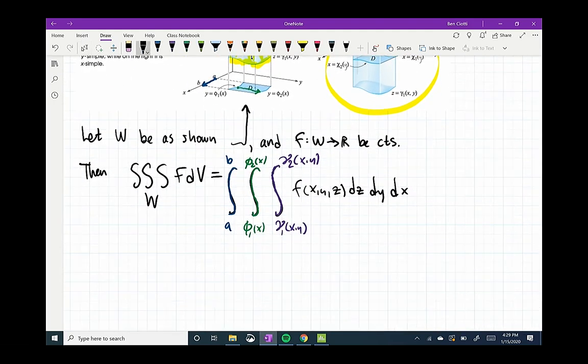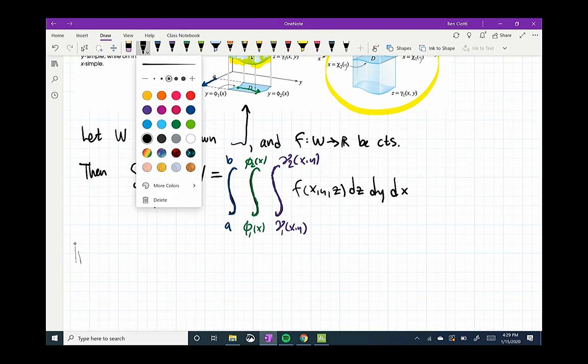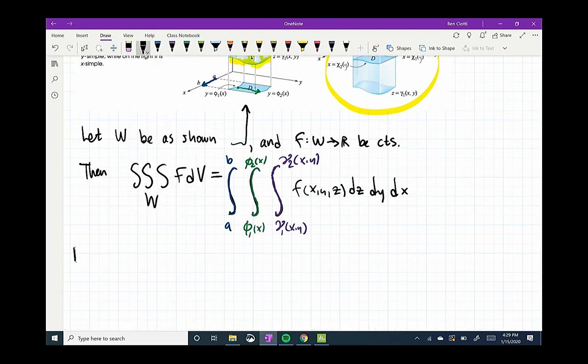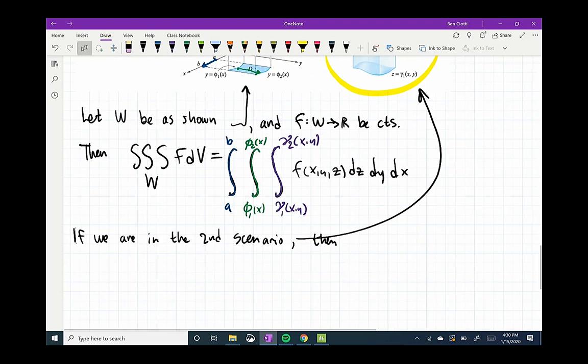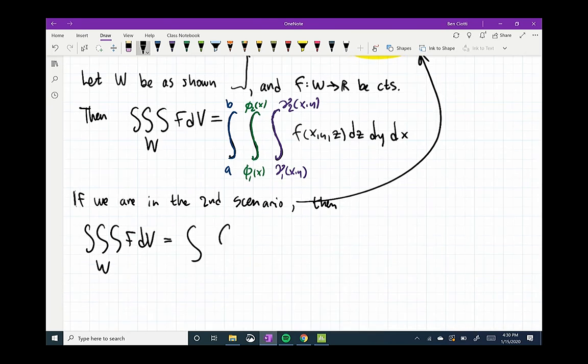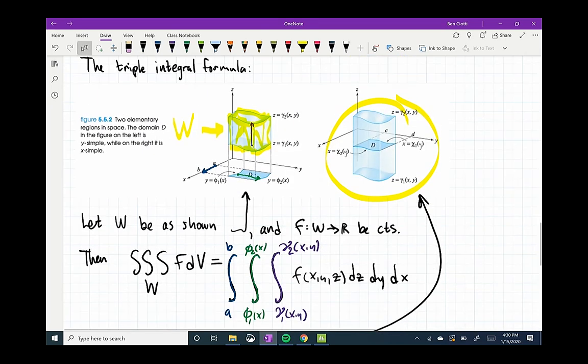Okay, so if we're in that scenario, what would our integral formula be? The triple integral over W of f dV is equal to, okay, we're still doing z first.